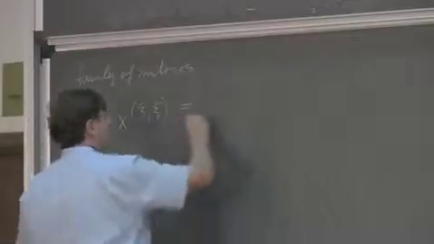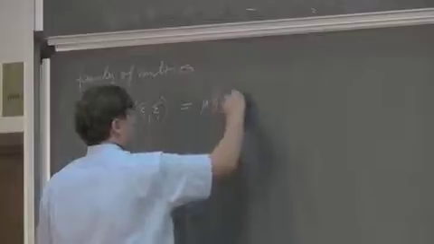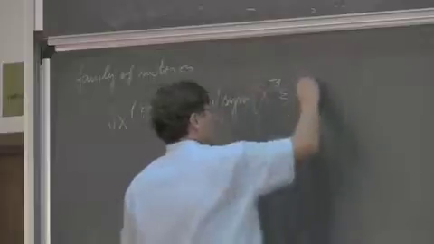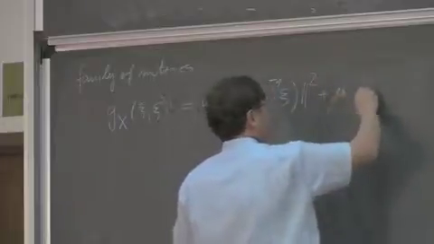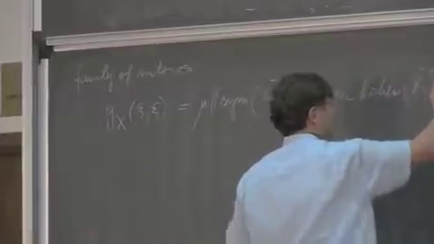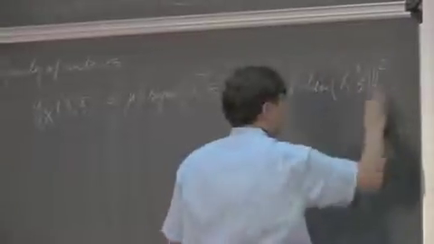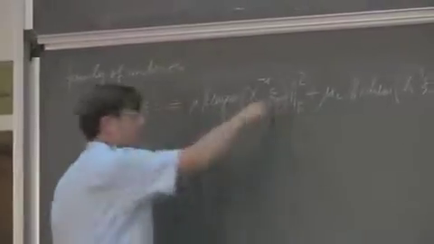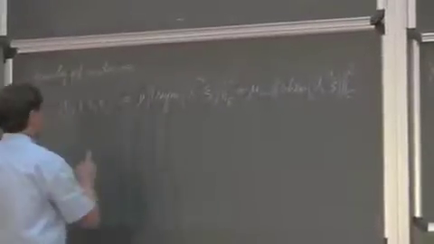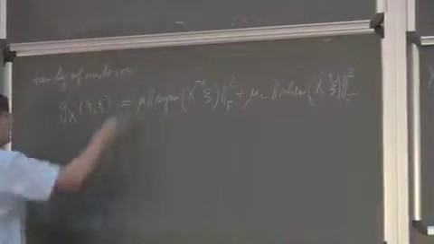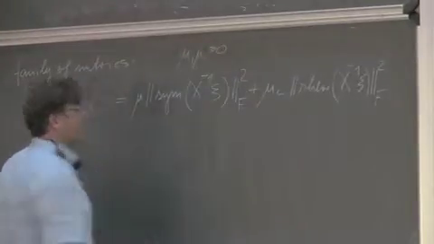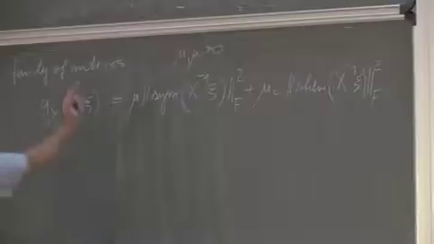I define this to be mu times the symmetric part of x to the minus 1 xi plus mu c times the skew part of x to the minus 1 xi, all the time the Frobenius norm, and this is happening on the tangent space. Mu and mu c must be positive. And this is a metric, of course, for SL3.